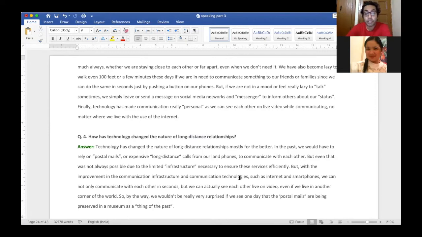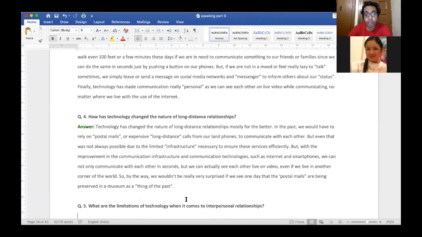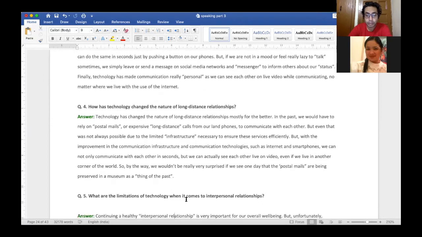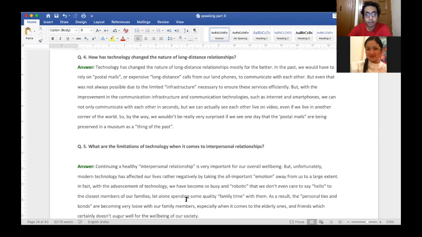With the improvement in communication infrastructure, such as the internet and smartphones, we can communicate with each other in seconds. We can watch each other on videos, even if we are staying in different nations. You can take the name of Zoom, you can take the name of WhatsApp. Everyone is getting in touch with each other within an instant.